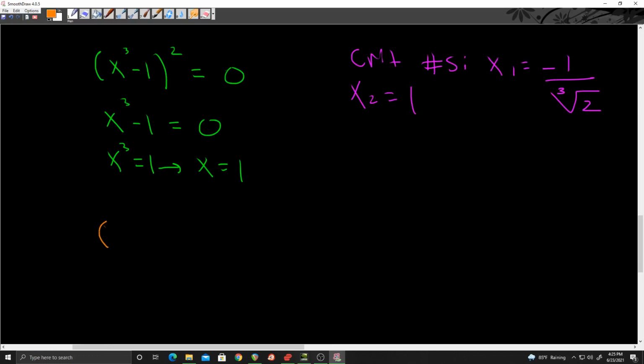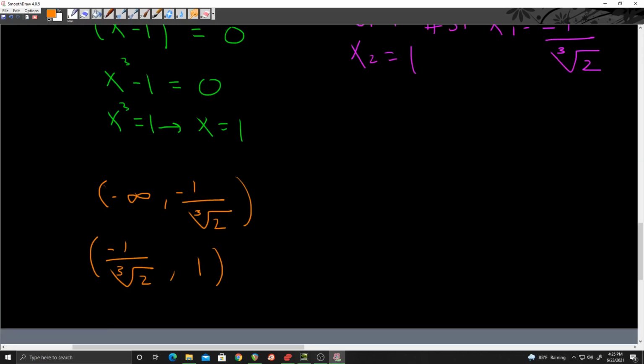This is going to be negative infinity to negative 1 over the cube root of 2. Negative 1 over the cube root of 2 to 1. Oh, wow, out of space. I'm never ready for it. So I guess I'm going to come up here. Sorry, 1 to infinity.